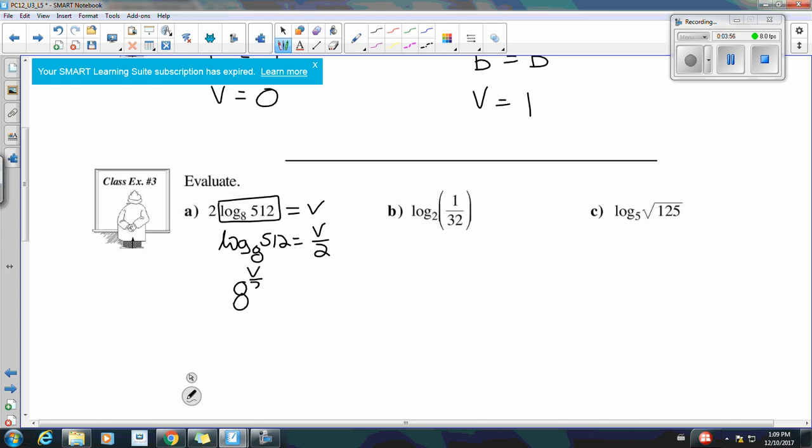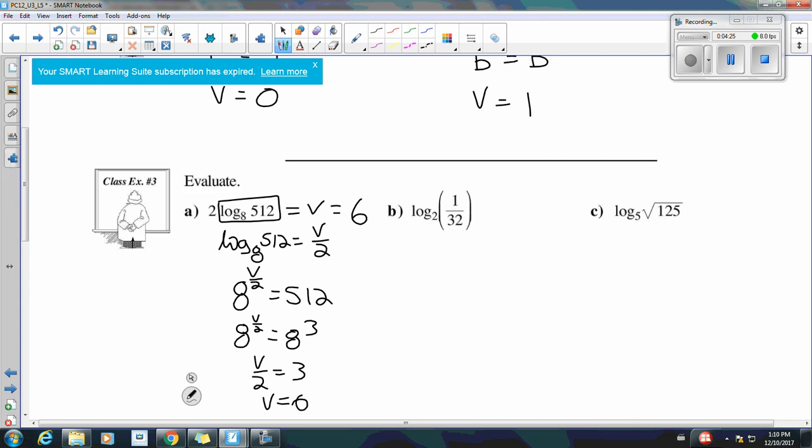Change forms. Now we need to rewrite this with a common base, and we can rewrite 512 as 8 cubed. Now we can make our exponents equal and multiply by 2. That tells us this whole value equals 6.